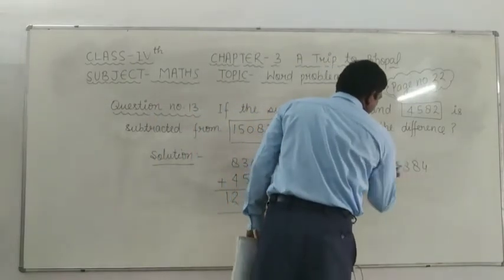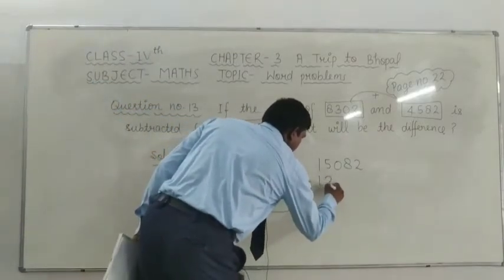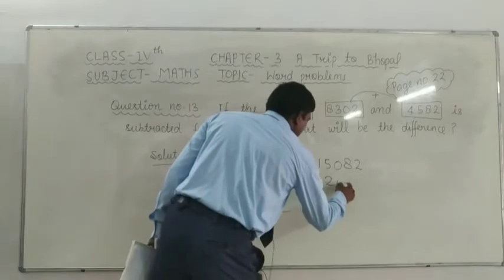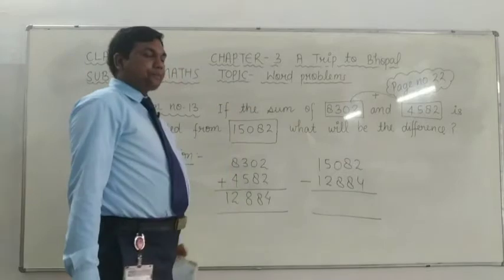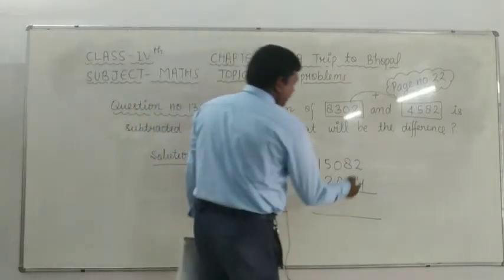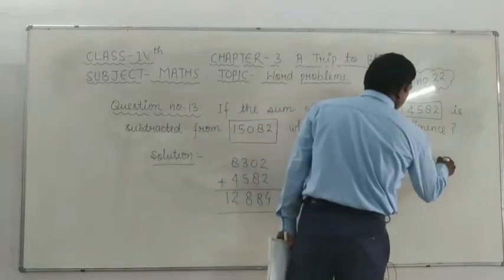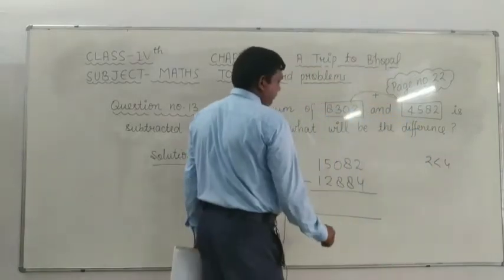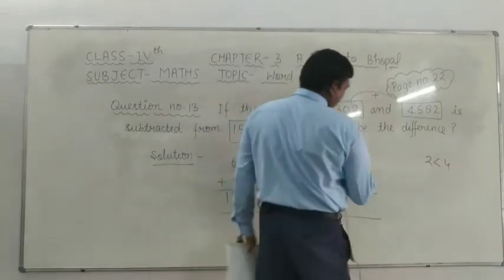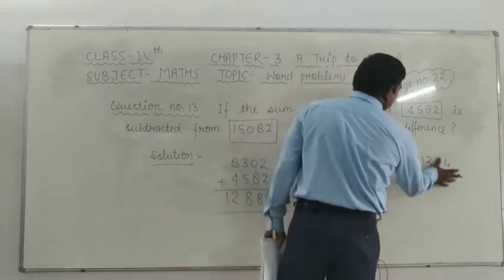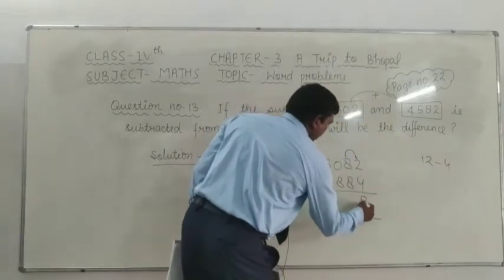Here we can write it in this way. Look, here is 2 and here 4. We know that 2 is less than 4. Therefore, we have to take one borrow from this 8 and this 2 makes 12. Then 12 minus 4 is 8.